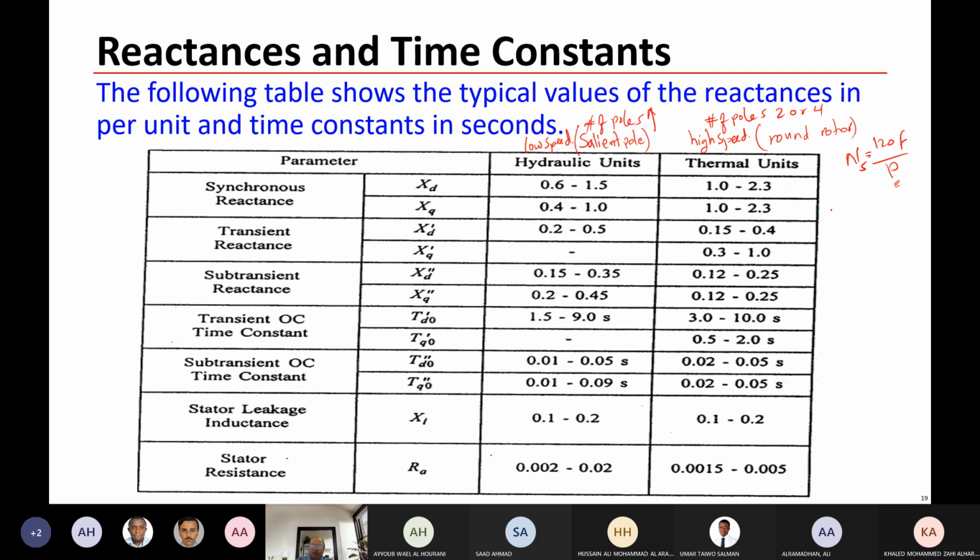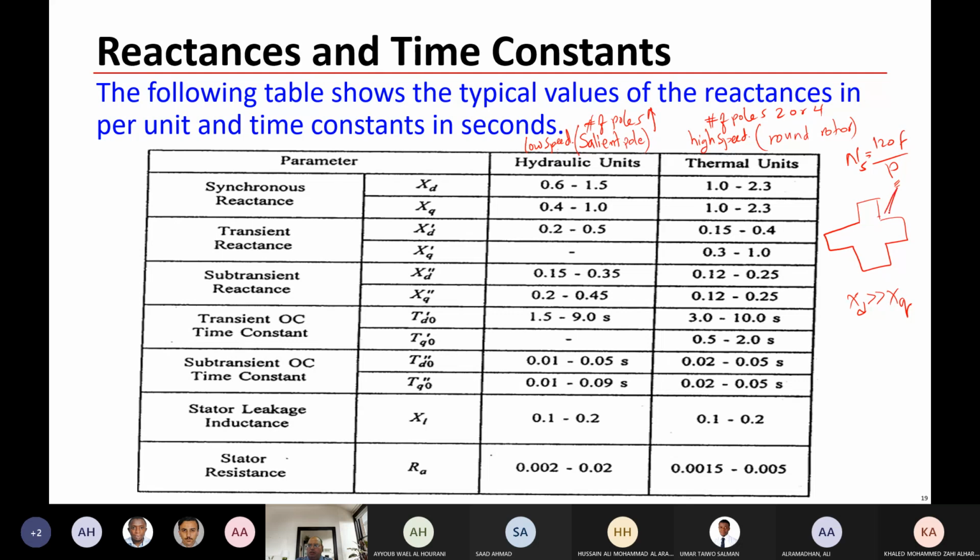in order to get 60 hertz. Salient pole, and you know in the salient pole you have XD much higher than XQ.